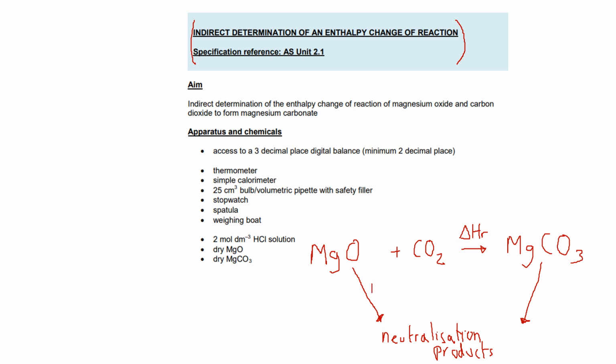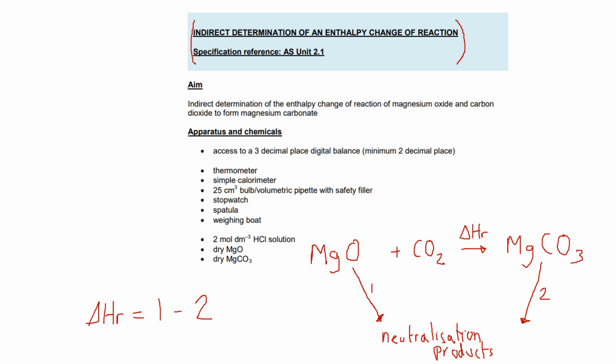We could just call this arrow 1. And you could take the magnesium carbonate, react it with the acid, work out the enthalpy change, and call this arrow 2. Therefore delta HR would equal arrow 1 minus arrow 2, because you're going against the second arrow, so it's minus. So we're going to work out two different enthalpy changes, arrow 1 and arrow 2, and then plug them into our Hess cycle to work out delta HR.